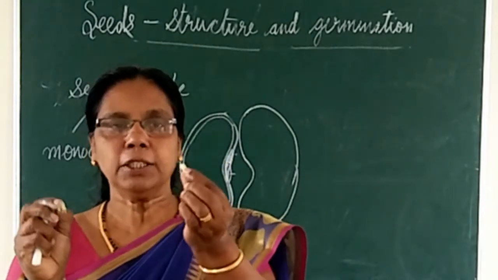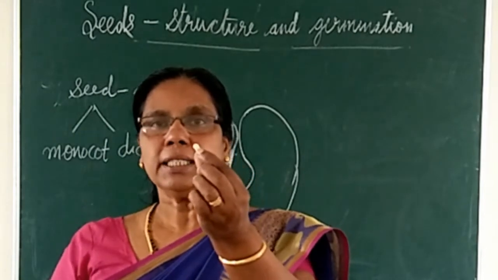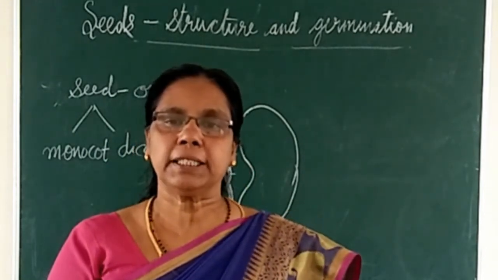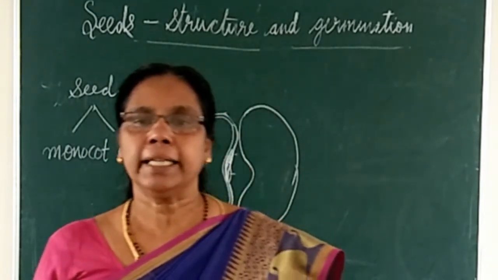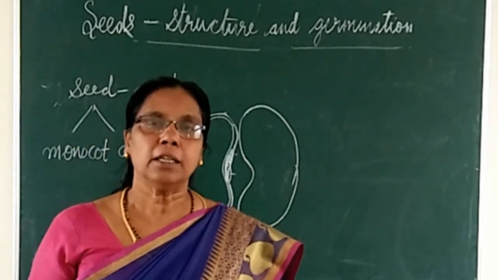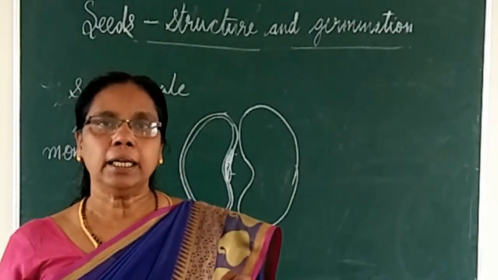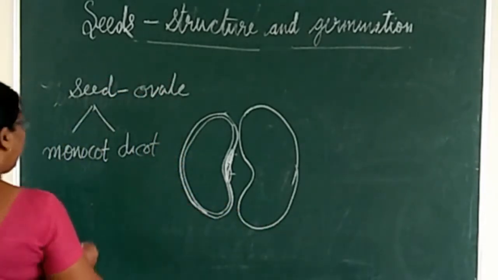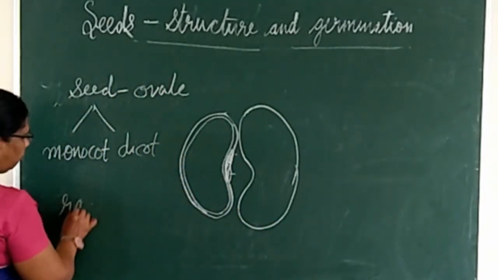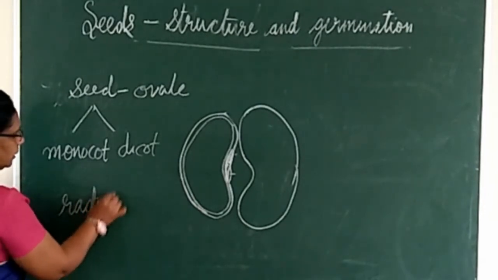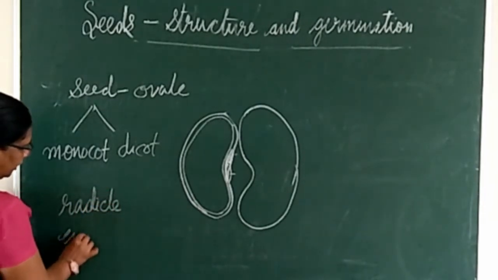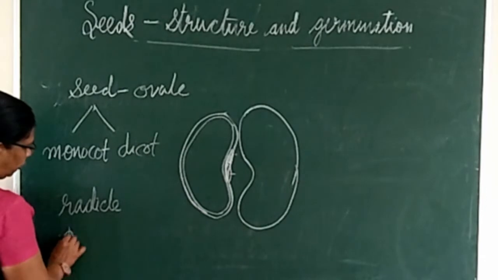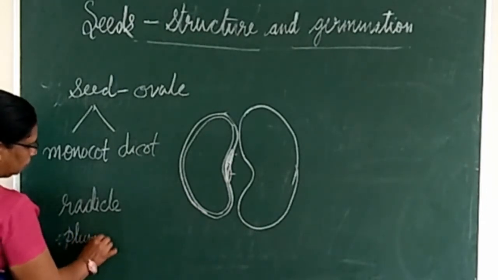If you cut open this one, you can see a small embryo is present attached to the cotyledons. The embryo consists of two parts. One is called the radicle and the other one is called the plumule.